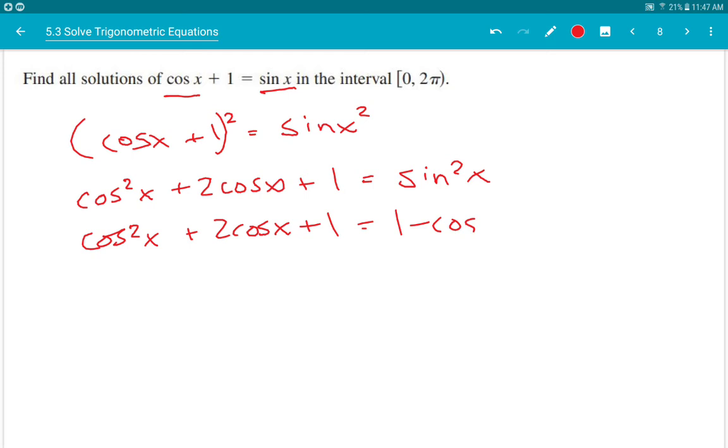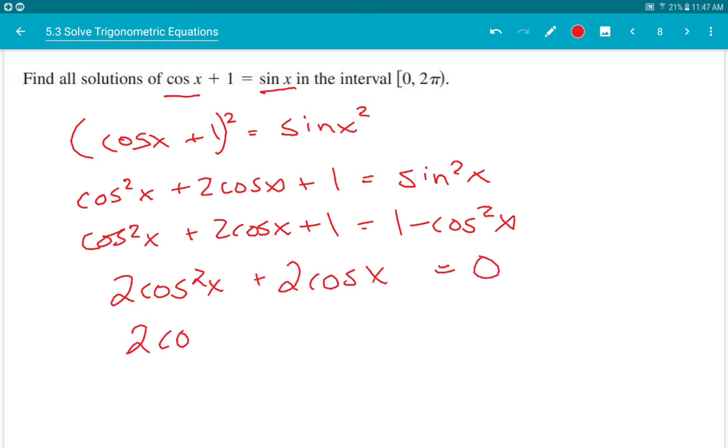Then we can move everything over to one side. If I subtract, the ones are going to cancel. If I add cosine squared, I get 2 cosine squared x plus 2 cosine x equals 0. We factor 2 cosine x, and that's going to be cosine x plus 1 equals 0.